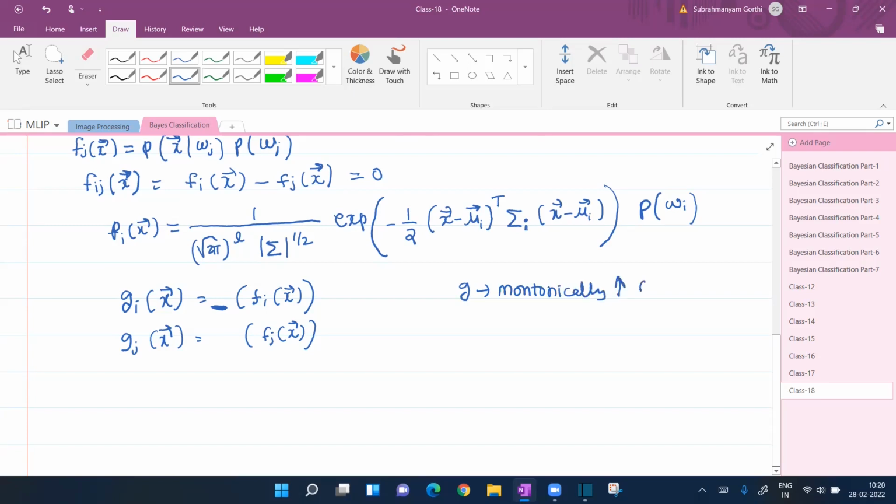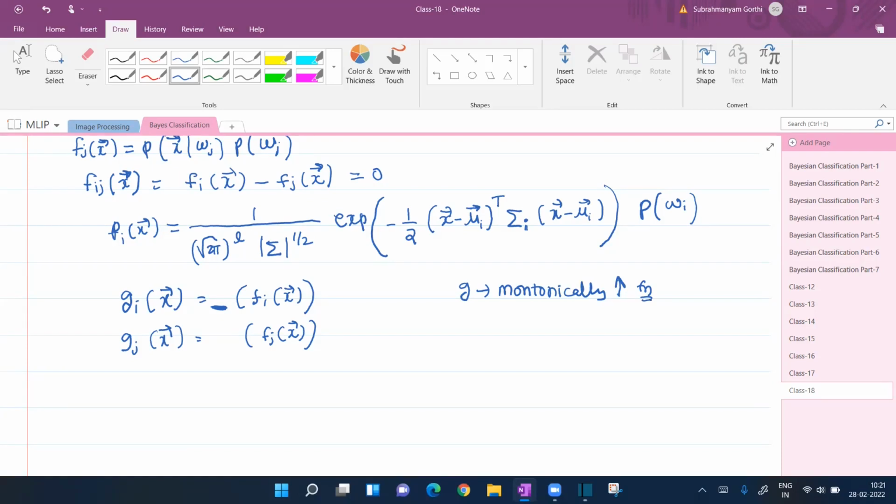Then if I give you gi of x bar and gj of x bar instead of fi of x bar and fj of x bar, can you still find out the decision hyperplane?